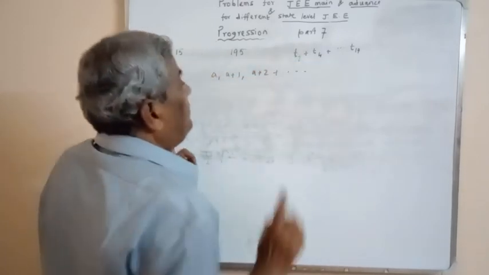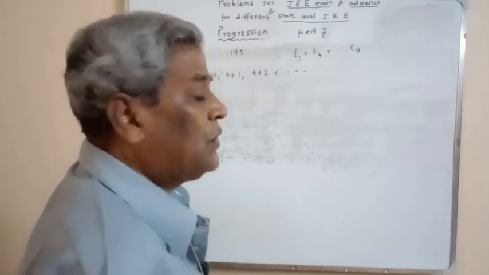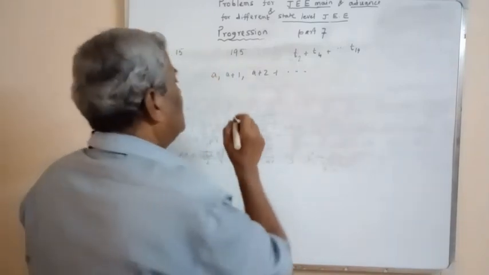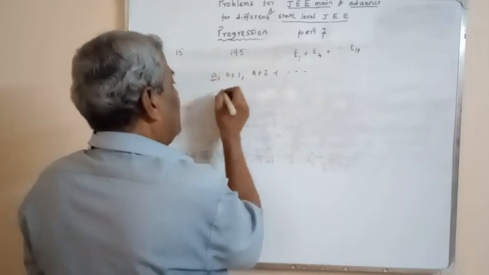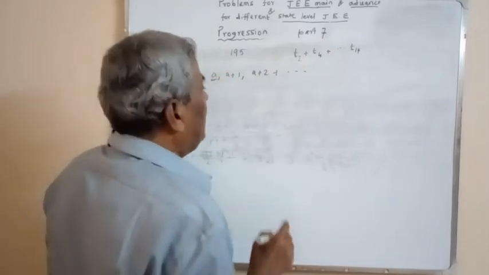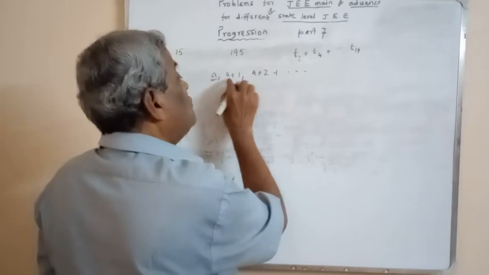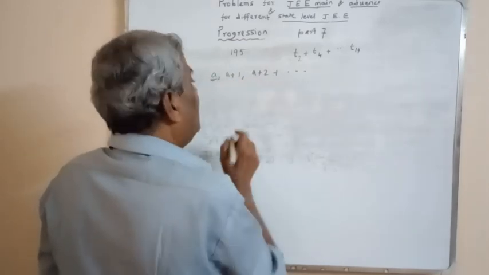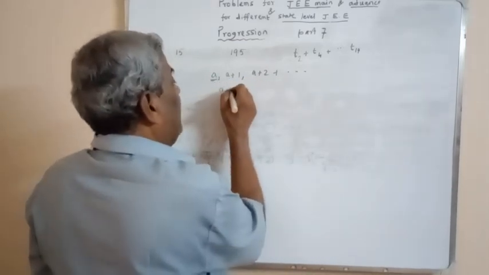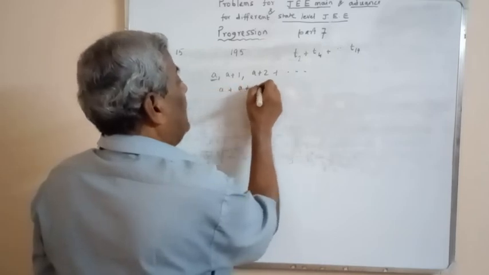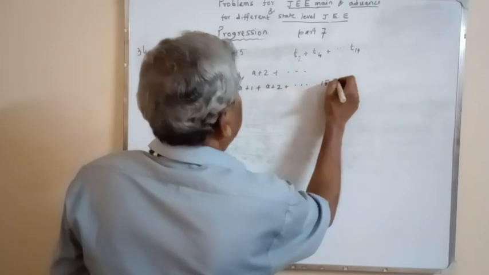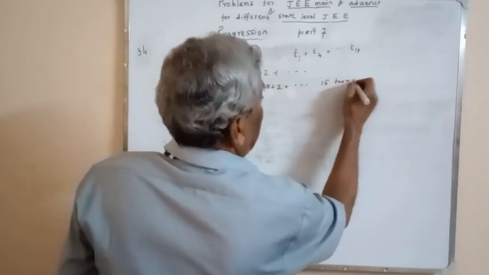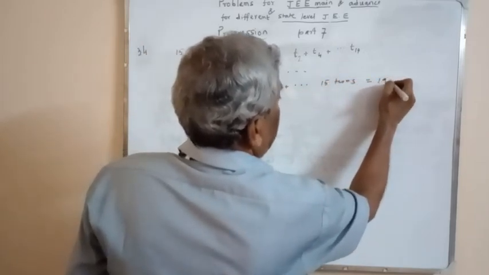This way, there are 15 terms and their sum is 195. So, suppose that the first positive integer is a and it is an AP whose common difference is 1. Then a plus a plus 1 plus a plus 2, this way up to 15 terms is equal to 195.